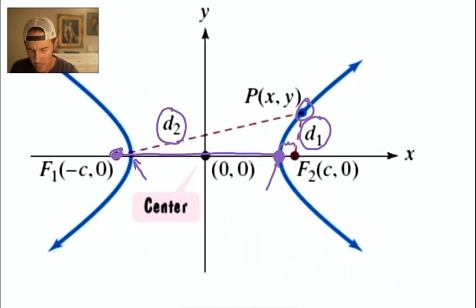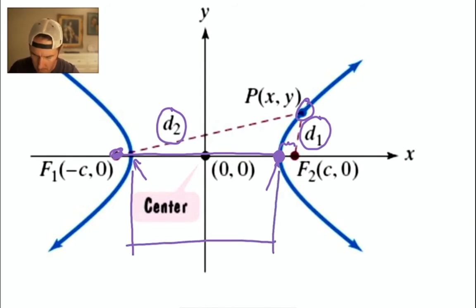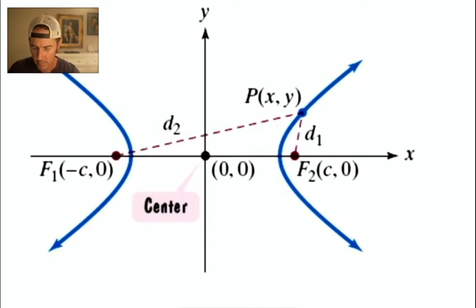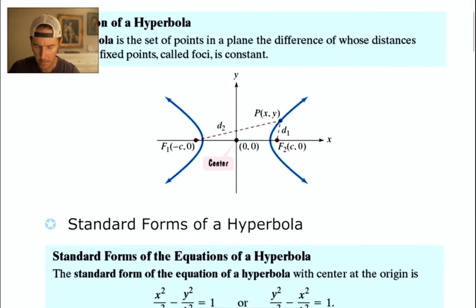I think that d2 minus d1 is going to end up equaling this distance right here, the distance between the vertices of either half of this hyperbola. That's my guess anyway. We'll see if that's how it plays out.